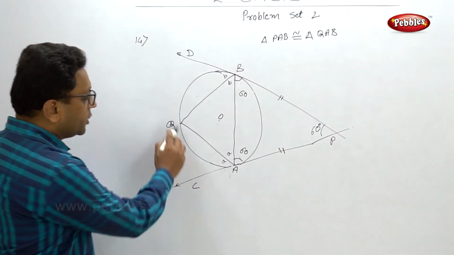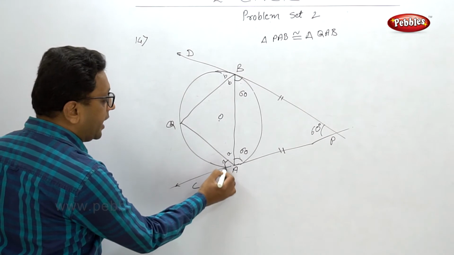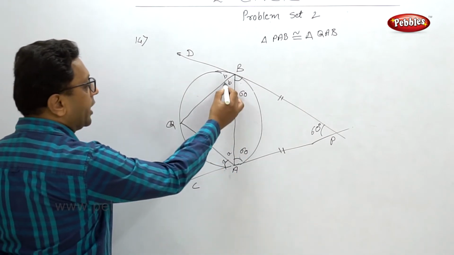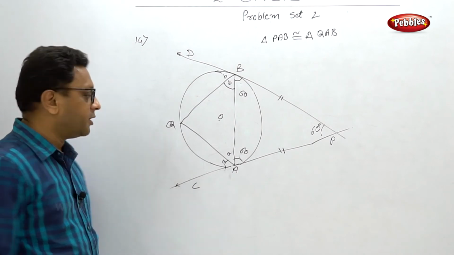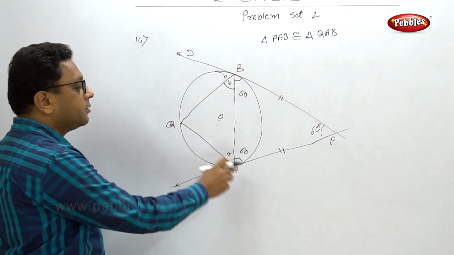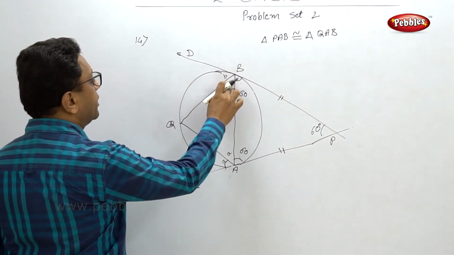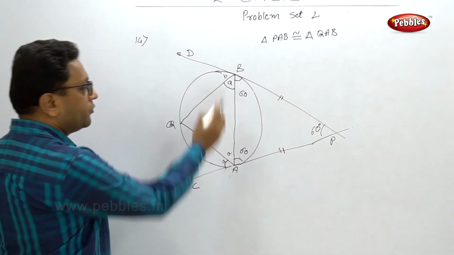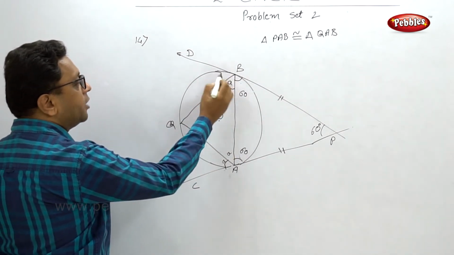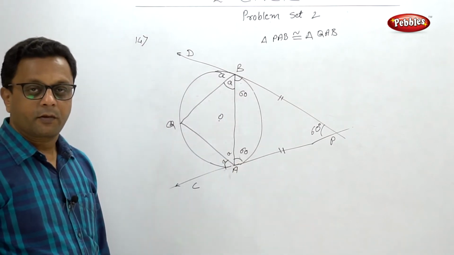Let us see, this QA is secant and AC is the tangent. So angle A must be equal to angle B, because of the tangent secant theorem, the angles in the same arc. Correct? That means this is also angle A, this is also angle A. If this is angle A, since this is the angle bisector, this will also become angle A. Right?